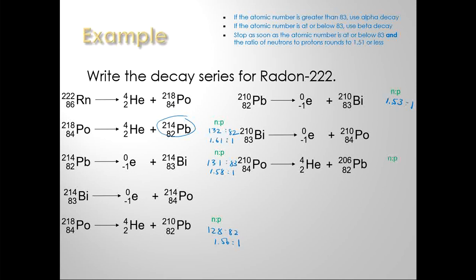Again, we pause to figure out our neutron to proton ratio. And we are finally at 1.51 to 1. This right here is the daughter isotope, the stable daughter isotope.